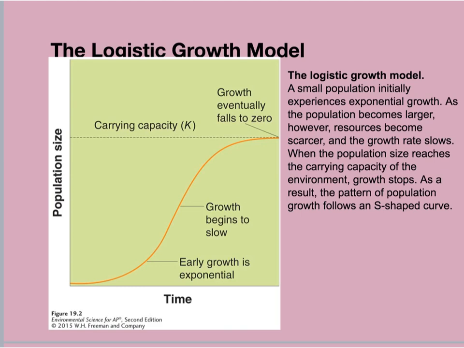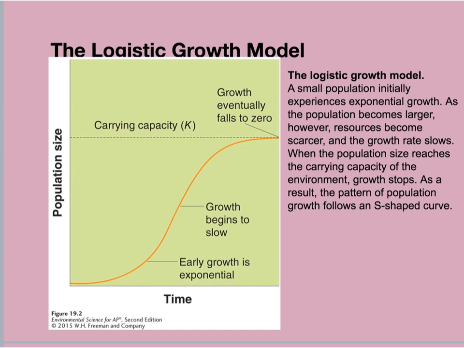So logistically, a population can start very small and experience exponential growth. And as the population becomes larger, its resources become more scarce, and so the growth rate eventually slows. Eventually the population will reach a size at which the environment can only carry a certain number of that population.